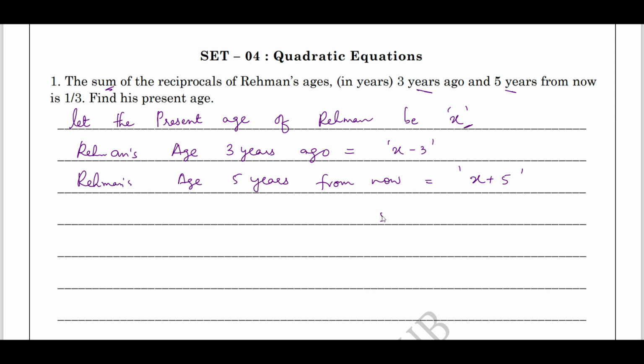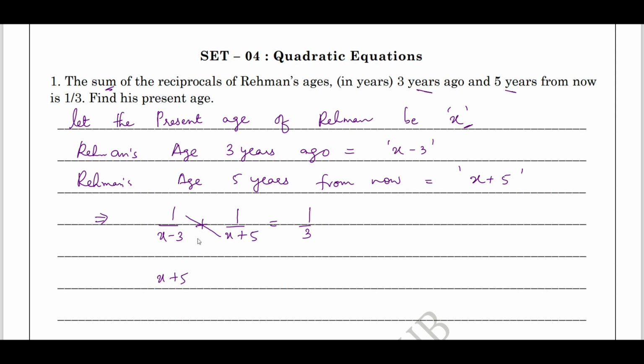Now the condition is reciprocal of ages 3 years ago and 5 years from now is 1 by 3. That is 1 by x minus 3 plus 1 by x plus 5 equals 1 by 3. Now students, take LCM of LHS.